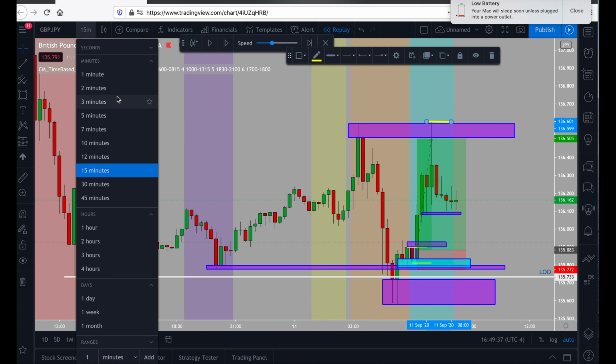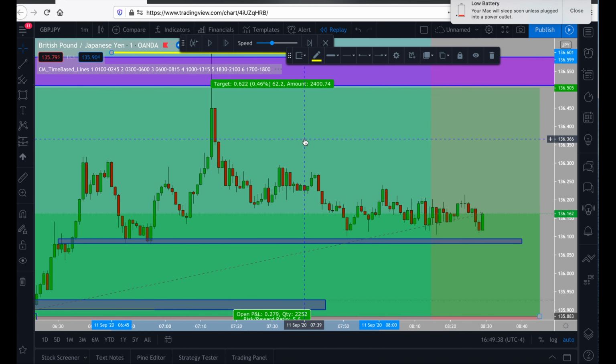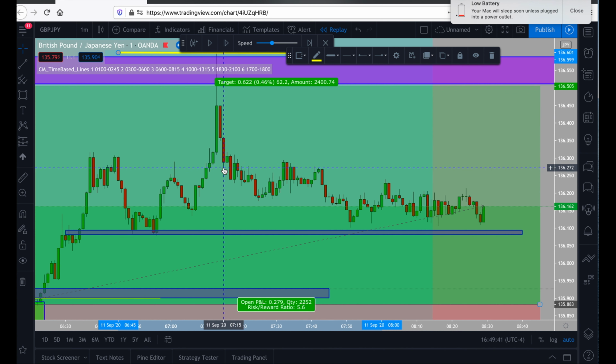So I will go down to like a 1 minute, and I will see that up in here price came down, went up, this was a support area, price broke and transitioned on this 1 minute area.